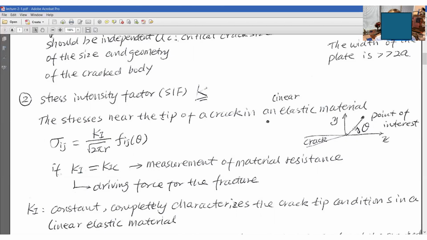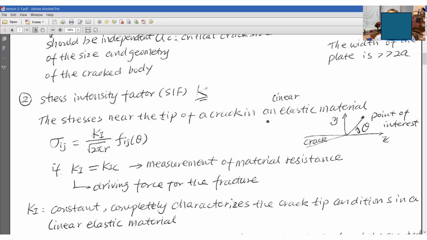So for a linear elastic material, all the stresses near the tip of the crack can be written in terms of this equation, sigma ij equals Ki over square root of 2 pi r times f ij of theta.